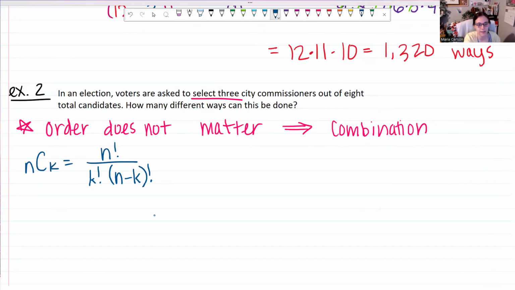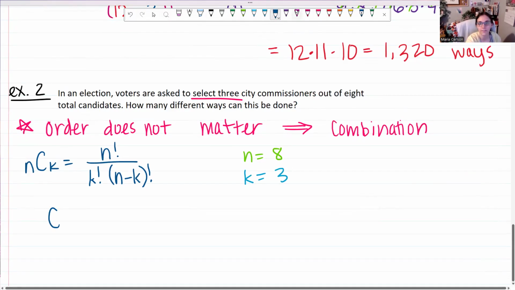It really doesn't make that big of a difference. But now let's identify what is n and what is k. So n, the total number of options, we have 8 total candidates, and the voters are going to select 3. So k is 3.